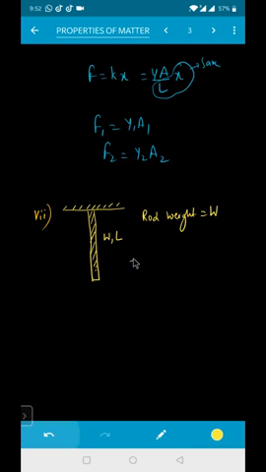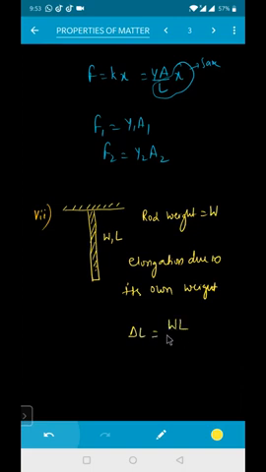Elongation due to its own weight will be equal to how much? That is delta L. So delta L will be equal to W into L divided by 2 into A into Y. Direct formula, try to remember.